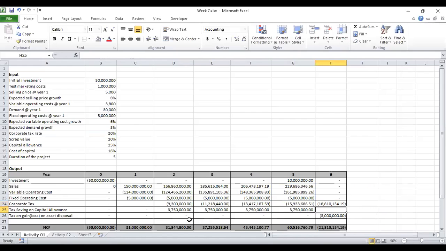Yes. Then we have taken the tax saving on capital allowances. I believe that when you are working out the NPV, this would be one of the easiest ways. Otherwise, if you haven't taken this particular approach, you may have to do a separate working and identify the taxable profit and thereby take the tax.